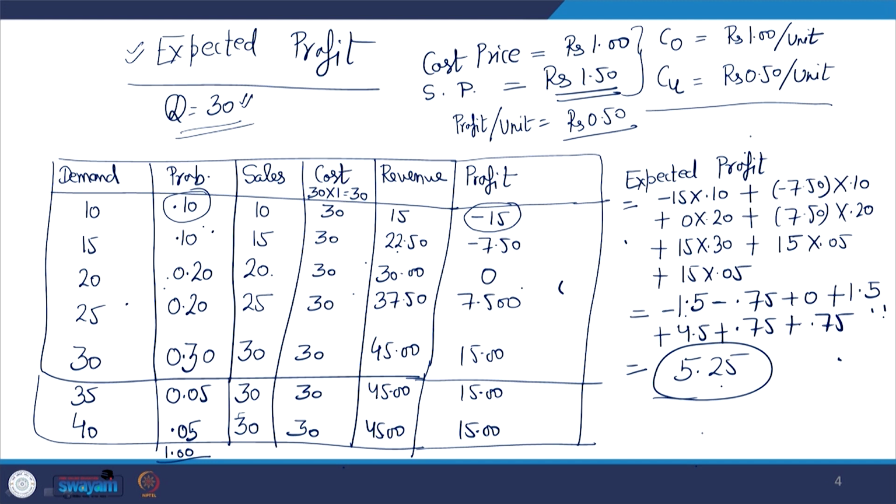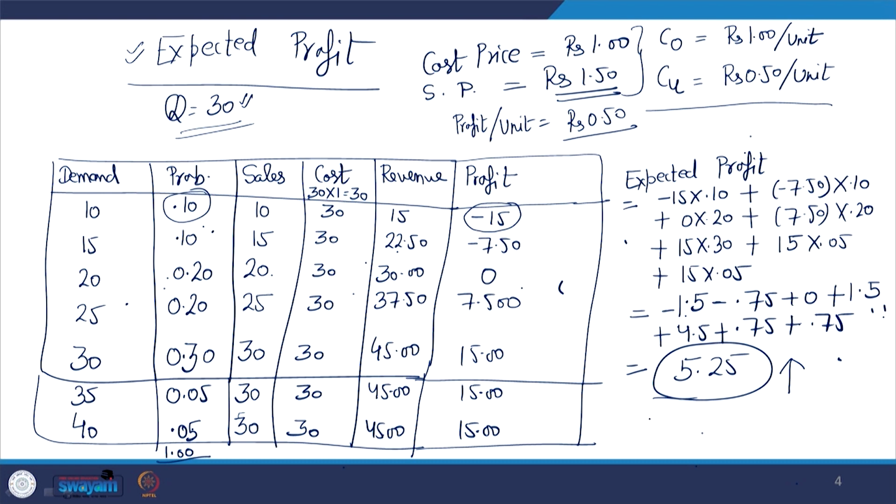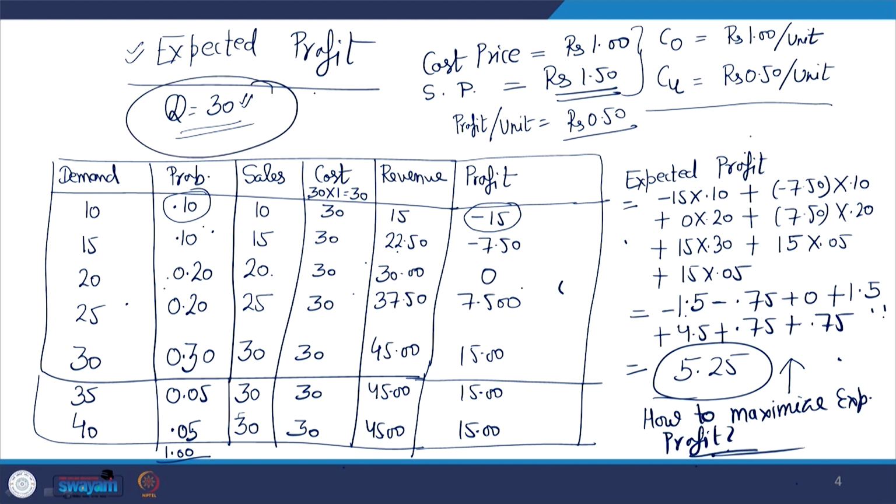Now, in this single period inventory management model, my objective is to maximize expected profit. By deciding the value of Q, what should be the value of Q which can maximize my expected profit, that is my objective.